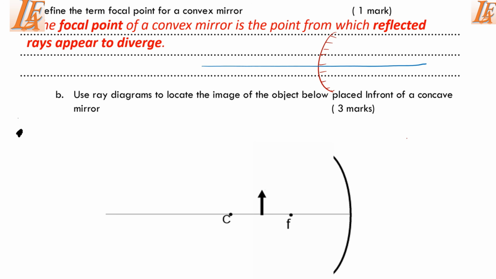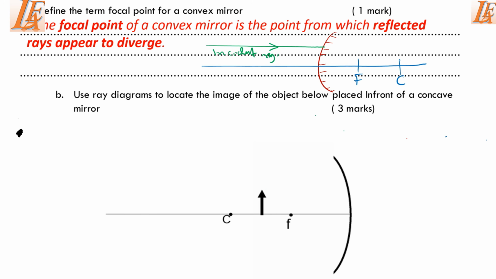Now on this principal axis we have the focal point behind and also the center of curvature, like that. So in this case, if we have a paraxial ray, a ray which is parallel and close to the principal axis, like we can draw it here, remember, this ray we call the incident ray.